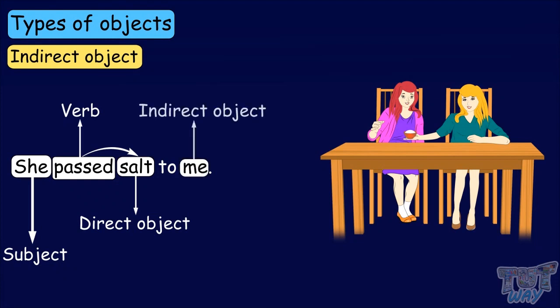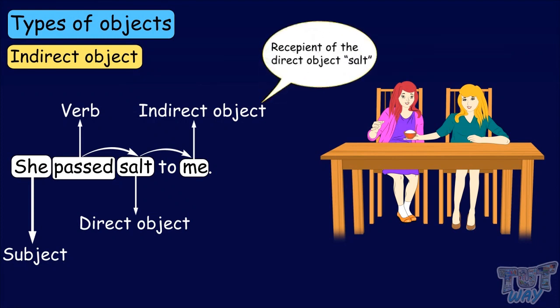Me is the indirect object, that is, salt is being passed to me. Or the recipient of the direct object, salt, is me. So, me is the indirect object.